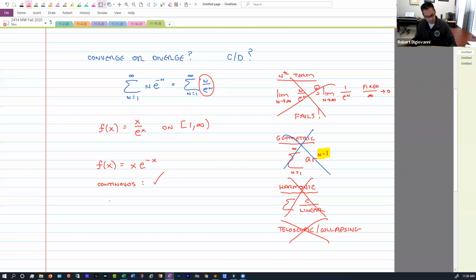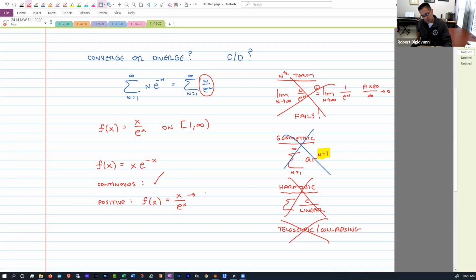Now, is it positive? Is this a positive function? That means, is it always above the x-axis? So when you look at this, I'm going to write it back this way. Is that always going to spit out a positive number? Yeah, because remember, you're only plugging in numbers from 1 on to infinity, so you're only plugging in positive numbers.